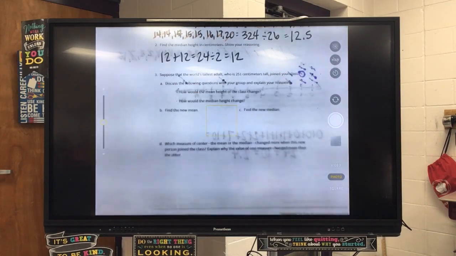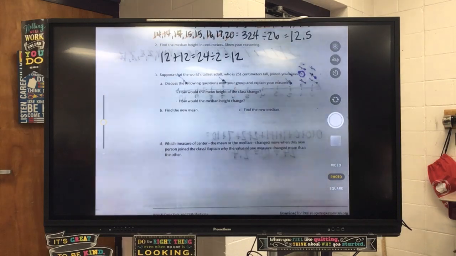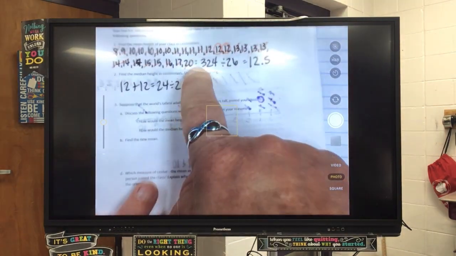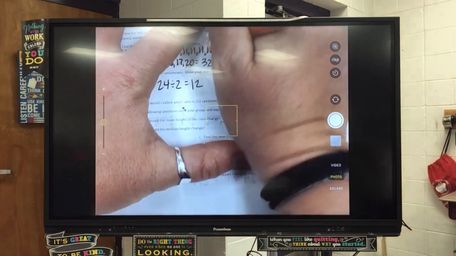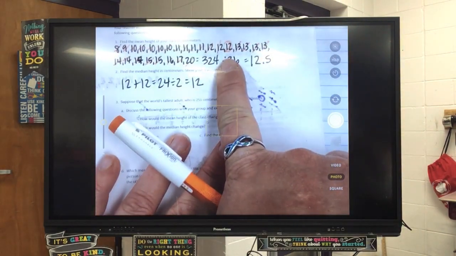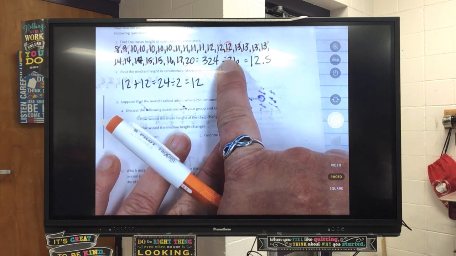All right. Would our median change? So if I added one more number here, that'd give me 27. So instead of it being in the middle of these two 12s, it would be just this one 12. Would our median change? No, it would not.